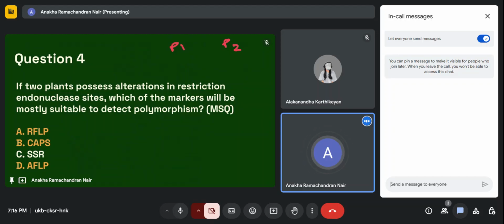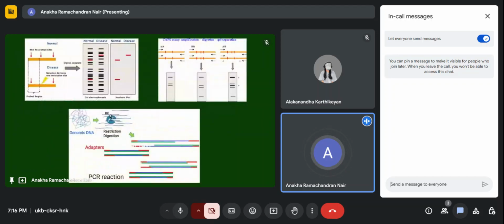So this is RFLP, right? These red arrows are showing you restriction sites, okay? But a change in a single nucleotide in this area caused the change in the restriction site. So the restriction enzyme can't identify this restriction site anymore, right? So in this case, imagine instead of normal and disease, this is plant 1 and plant 2, right?